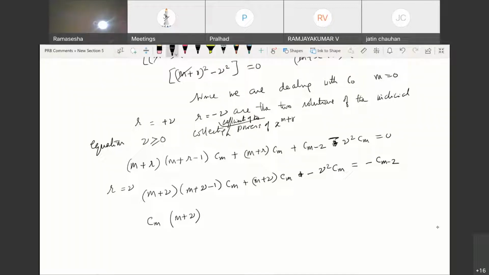I have one position m into m plus nu minus 1 plus 1 because r equal to what I have put, and then I have minus nu square is equal to minus Tm minus 2.